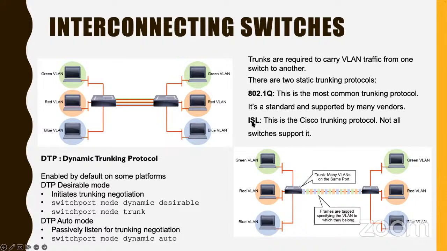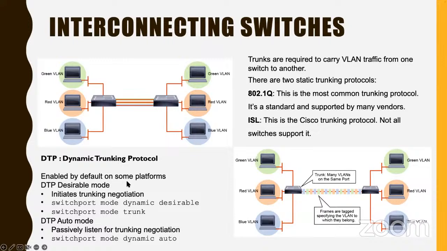However, there can be a static option also, wherein we are statically defining it as a trunk port. By default, it uses a dynamic trunking protocol, which is DTP, automatically enabled on some platforms.